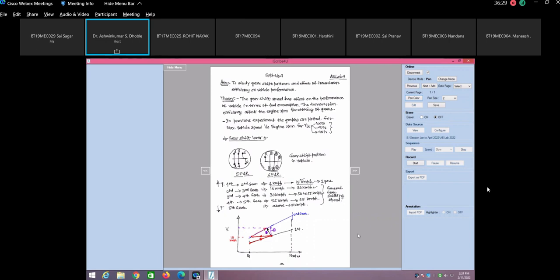Then again, even the speed in the gearbox will also come down. Then you accelerate again. Once you touch it here and shift the gear to the second level, you will be moving further. So this is how the actual gear shifting pattern happens in the vehicle.